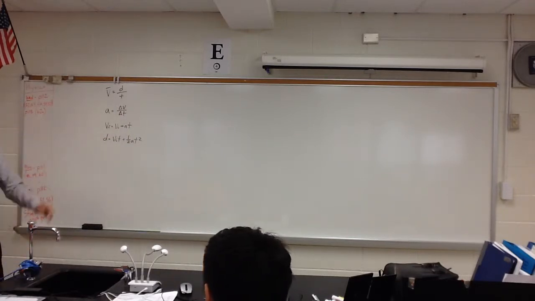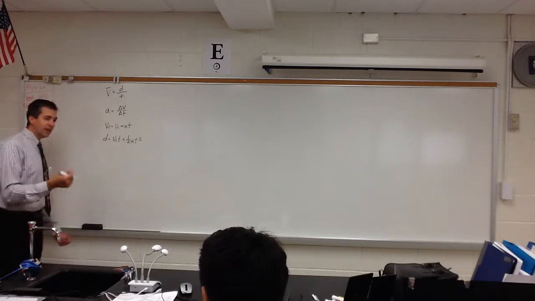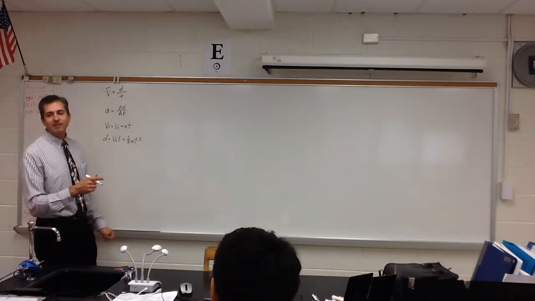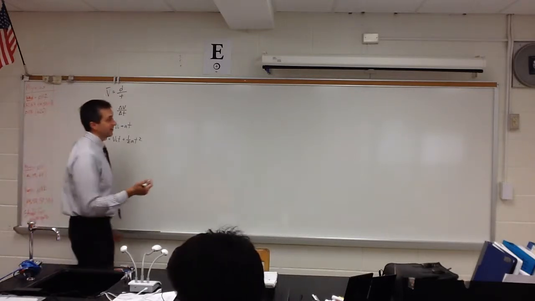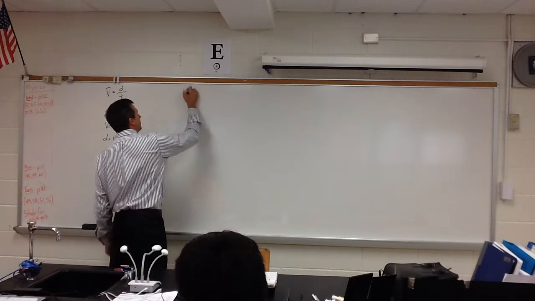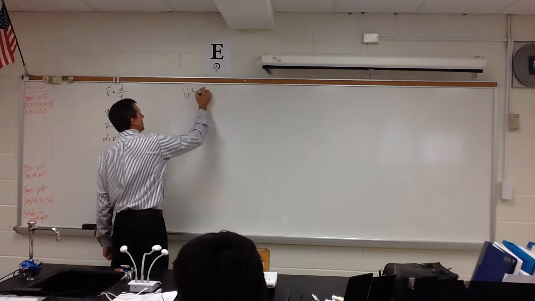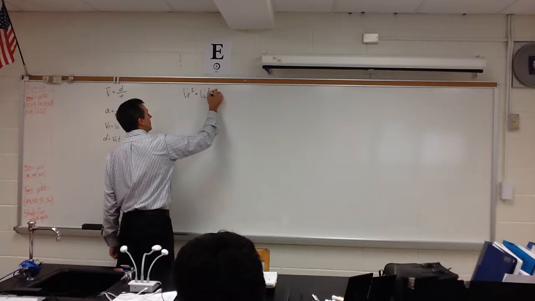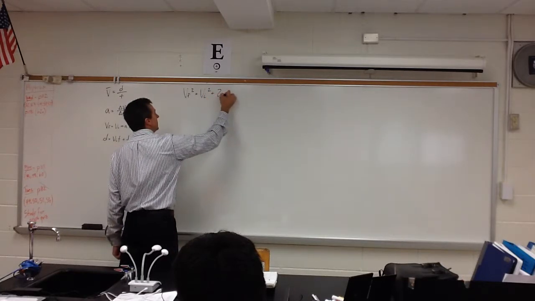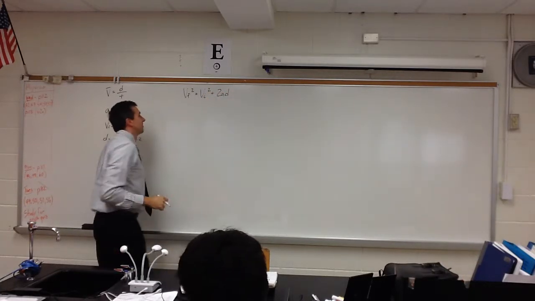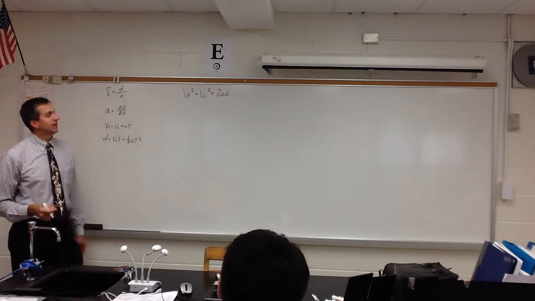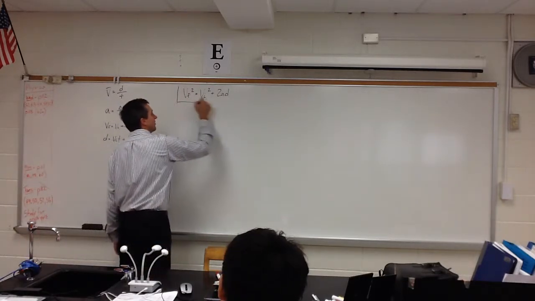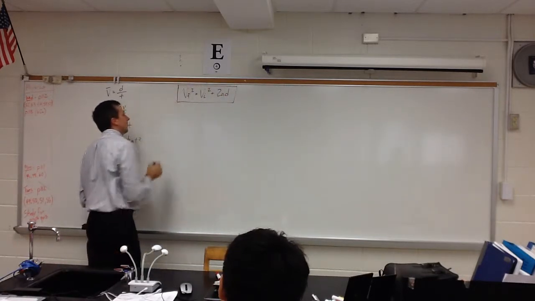Well, there's got to be an equation that allows us to solve similar problems without having time, and that's today's equation. So today's equation is vf squared equals vi squared plus 2ad. Notice no time appears in this particular equation. So this is your next reference table equation.